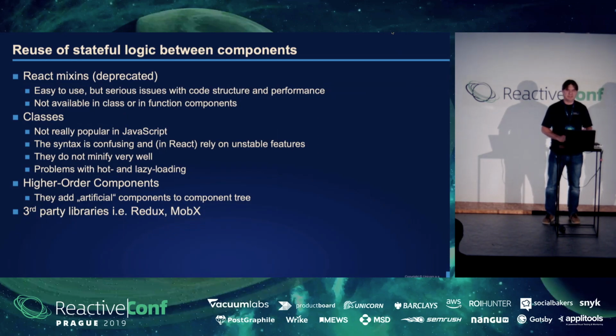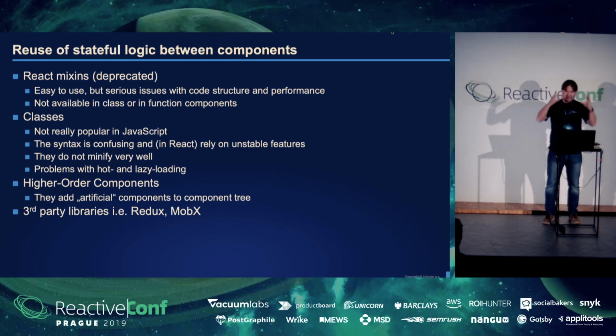First one was mixins. Mixins were great for some reasons, but they were quite poorly implemented. There was a lot of performance overhead when using mixins, and the code dependencies were difficult as well, so they are deprecated at the moment.